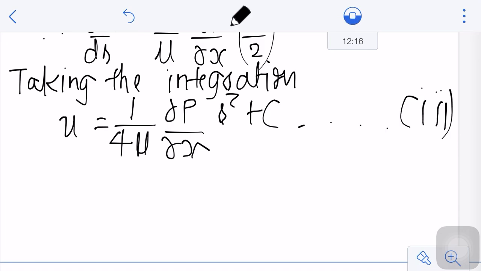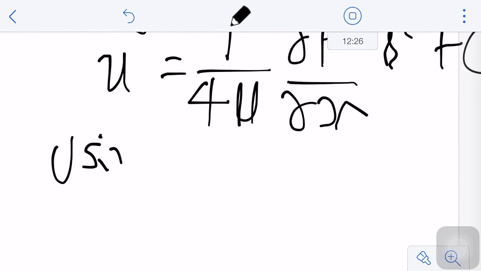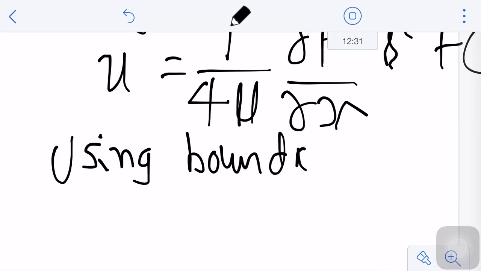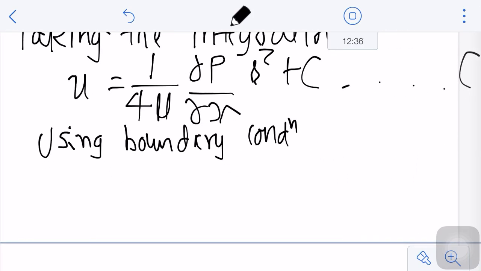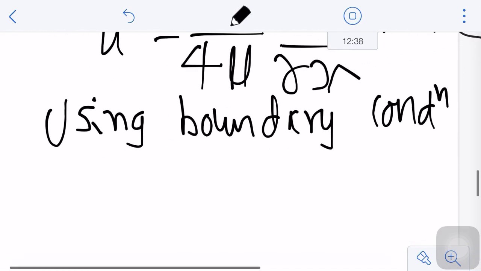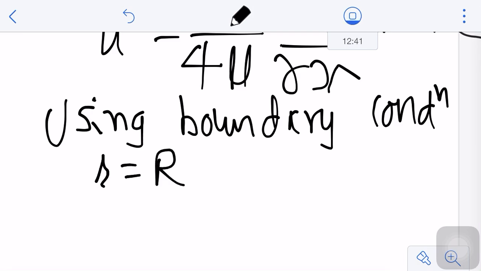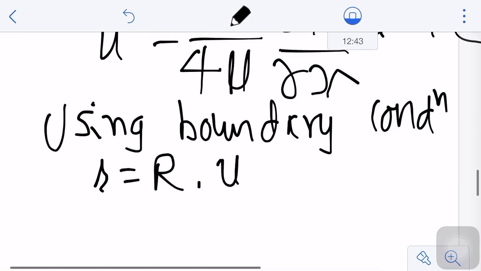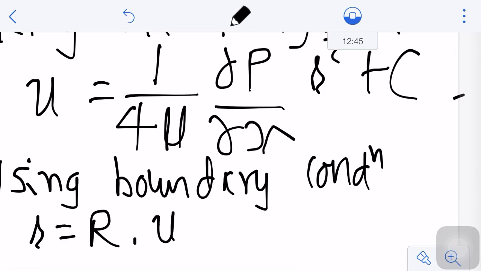Now, you can see here that using the boundary condition as small r equal to capital R, when your small r equals capital R, your u would be equal to 0.